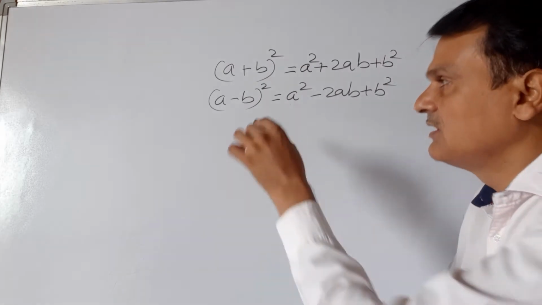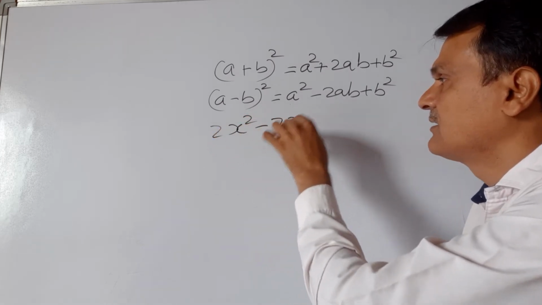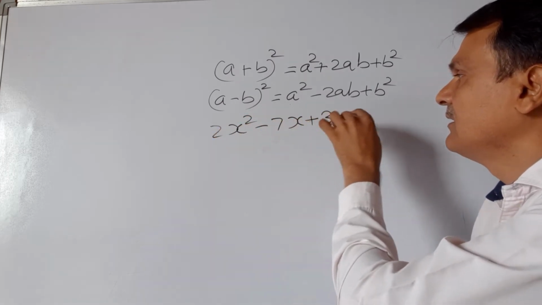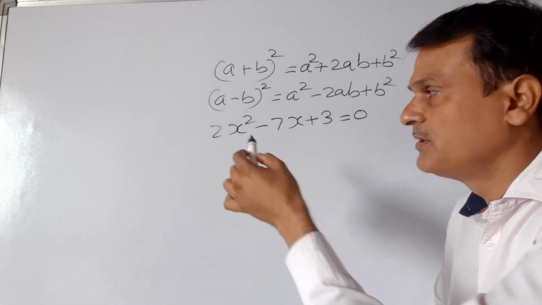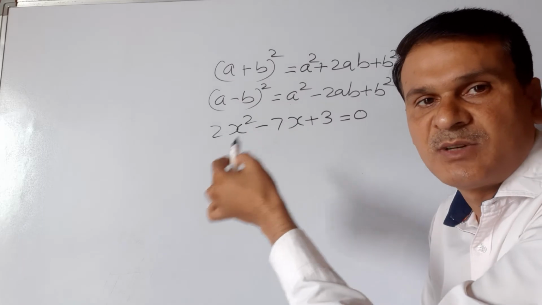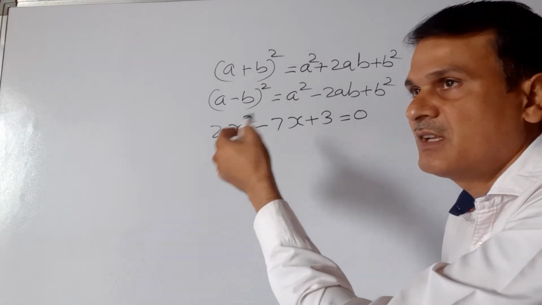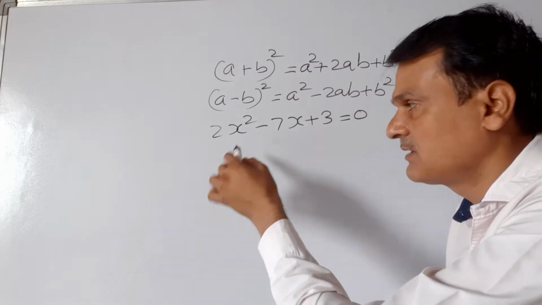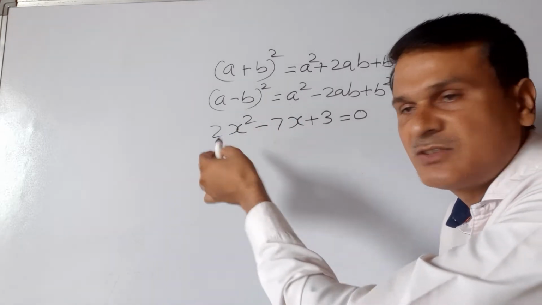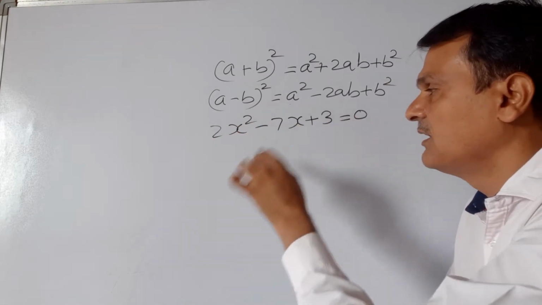Now the question is 2x² − 7x + 3 = 0. Here we will make the coefficient of x² as 1. To make the coefficient of x² as 1, and to be able to complete the first term in the form of a square, first we divide the equation by 2.